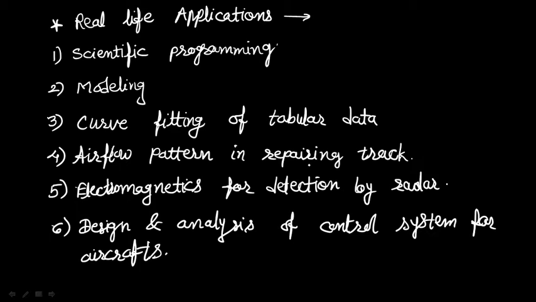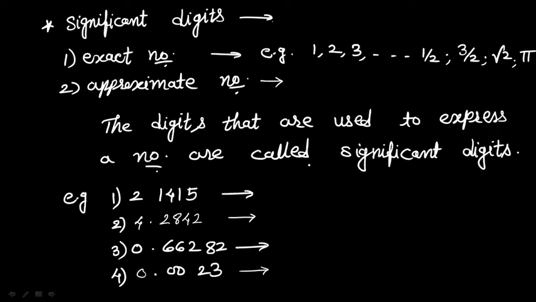Now, significant digits. There are two kinds of numbers. First is exact number, for example 1, 2, 3, and so on. These are examples of exact numbers. Second is approximate numbers. The digits that are used to express a number are called significant digits.